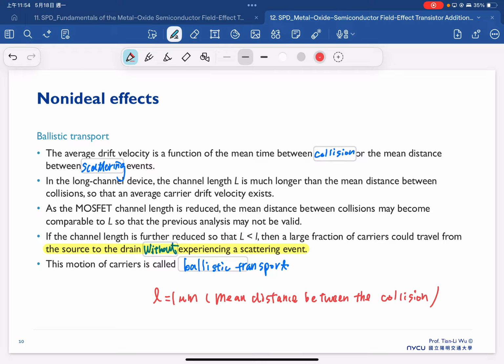But now you fabricate a transistor that has a channel length of 50 nanometers, which is smaller than our mean distance. Therefore, in this condition, the electron can travel through the channel without experiencing any scattering event. That's what we call ballistic transport.